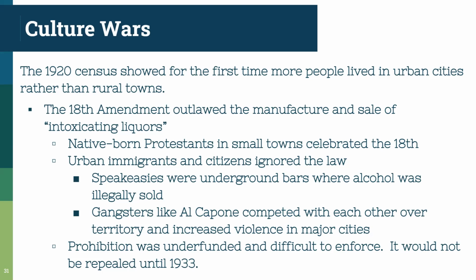It also led to gangsters like Al Capone, who would create territory and would fight against other gangsters and increase violence in major cities over who gets to sell alcohol where. And prohibition was not really well enforced, wasn't funded well, and it would be around for about 10 years.